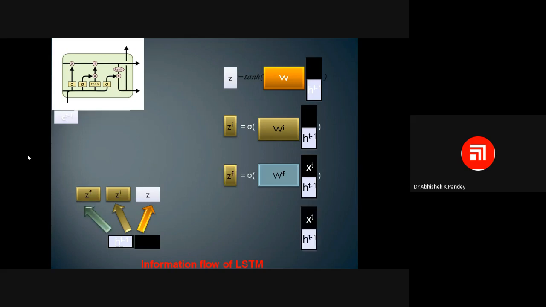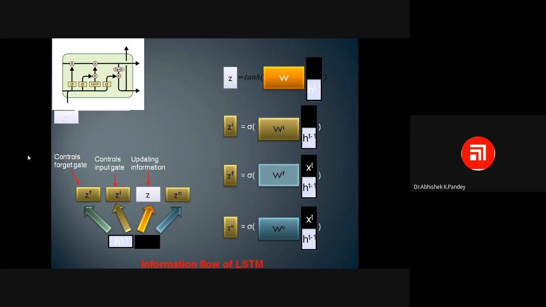Now you can see how the 3 phases are done. The forget gate controls whether it has to be remembered or not. The input gate controls whether it is relevant or not. If it is relevant enough, it should go for updating information.